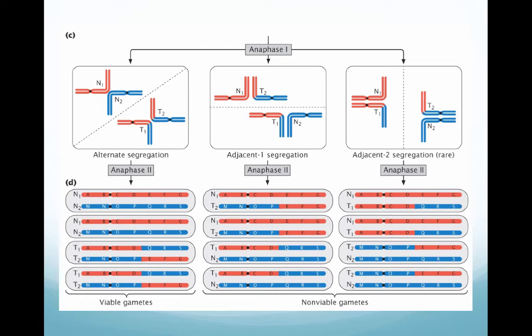And then the third possibility was where N1 and T1 segregated together and T2 and N2 segregated together. Again, once we go through anaphase 2, this results in non-viable gametes as well because that genetic information is exchanging, but it's not pairing up correctly.